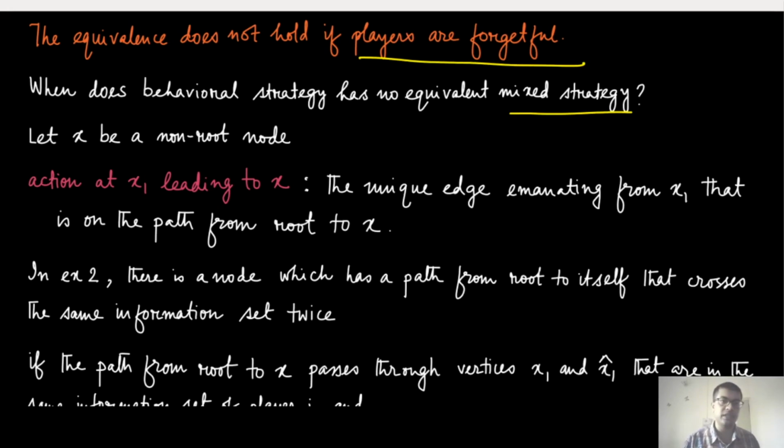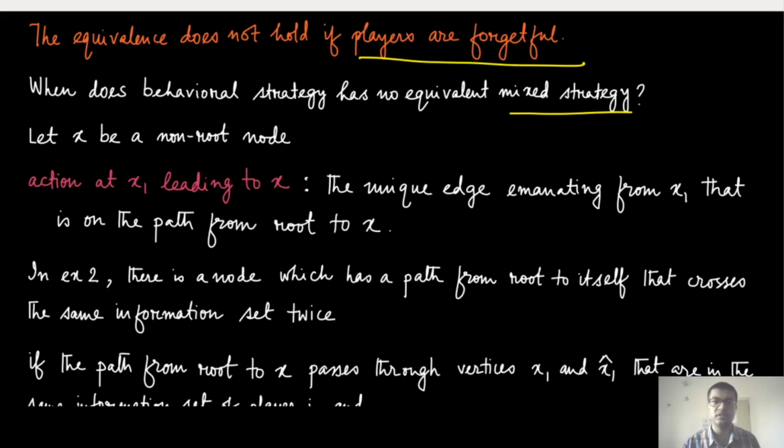So consider a non-root node, X, and we are going to use this terminology: action at X1 leading to X. This is a unique edge that is emanating from this node X1.